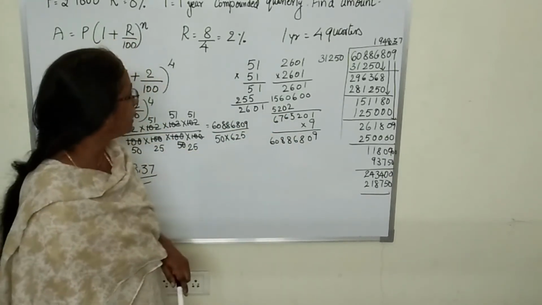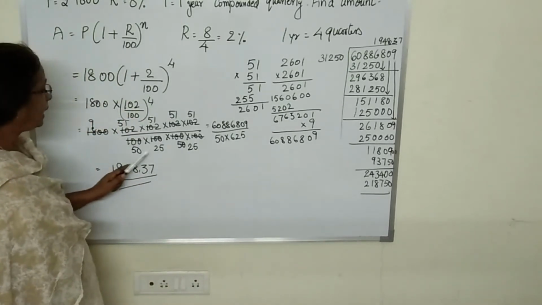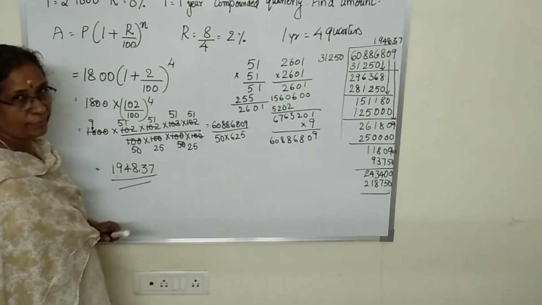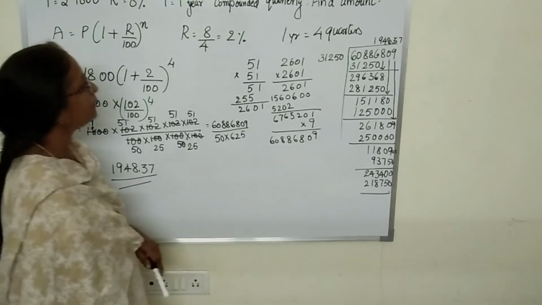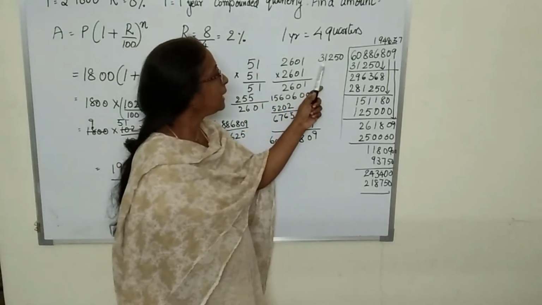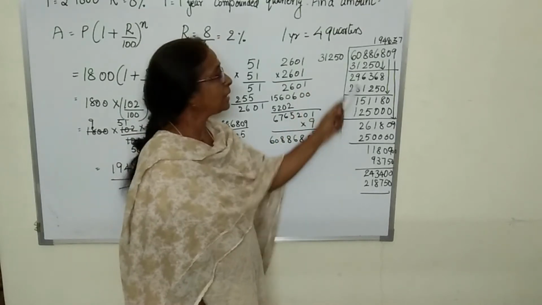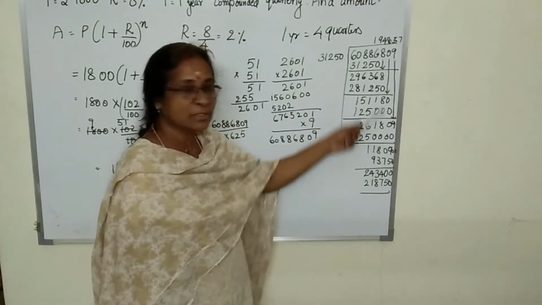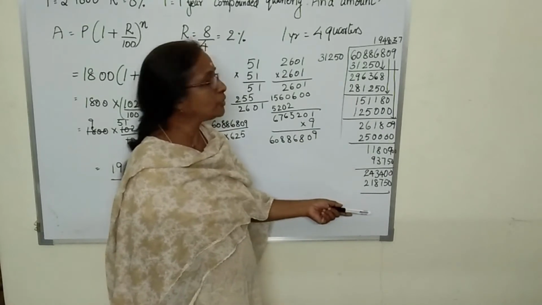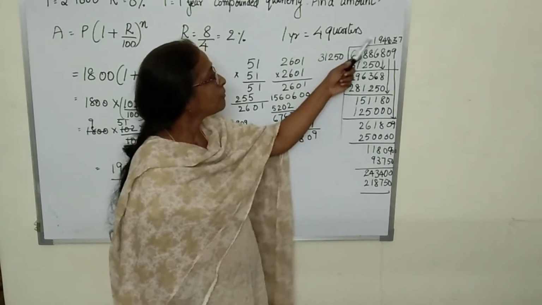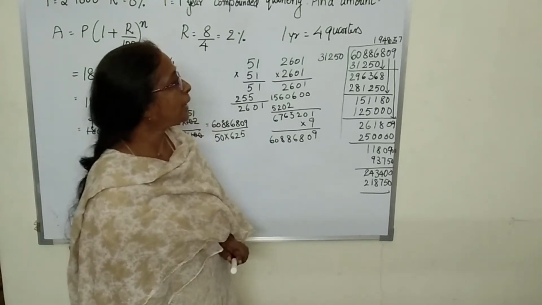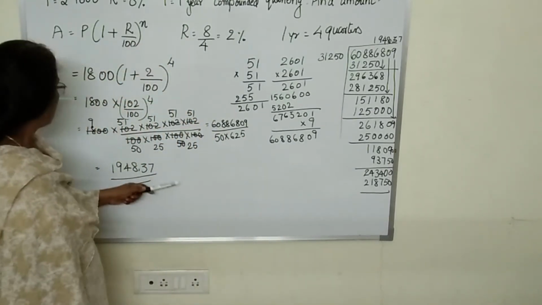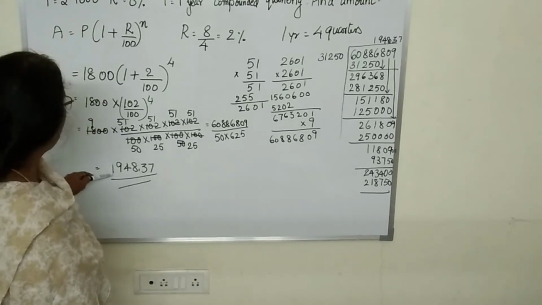And in the denominator, we have 50 into 25 into 25. 25 25s are 625. Multiplied by 50, we get 31,250. So when you divide, since this is already known to you, I am not going to explain it. When you divide, we get 1948.37.